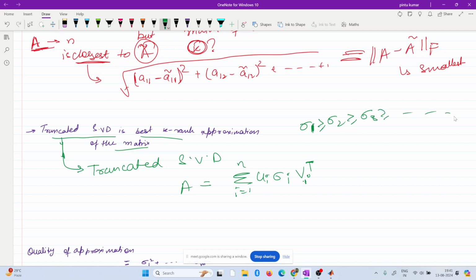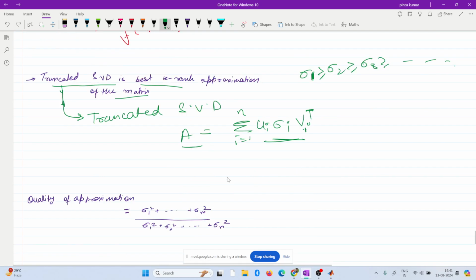So you have arranged them in descending order and written it in this form. Now, you construct your A tilde using just the first k of these matrices. So rather than using all the n terms in this sum, you truncate it to the first k terms.